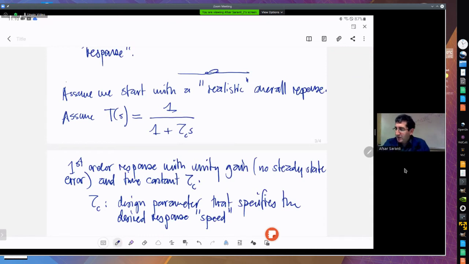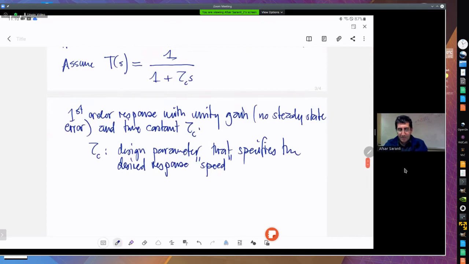So this is a design parameter. Remember, a first order response is where, once you have your reference like this, your response will basically exhibit something like this. Sorry about that, wrong key. And the time constant specifies where this tangent will intersect the desired value.